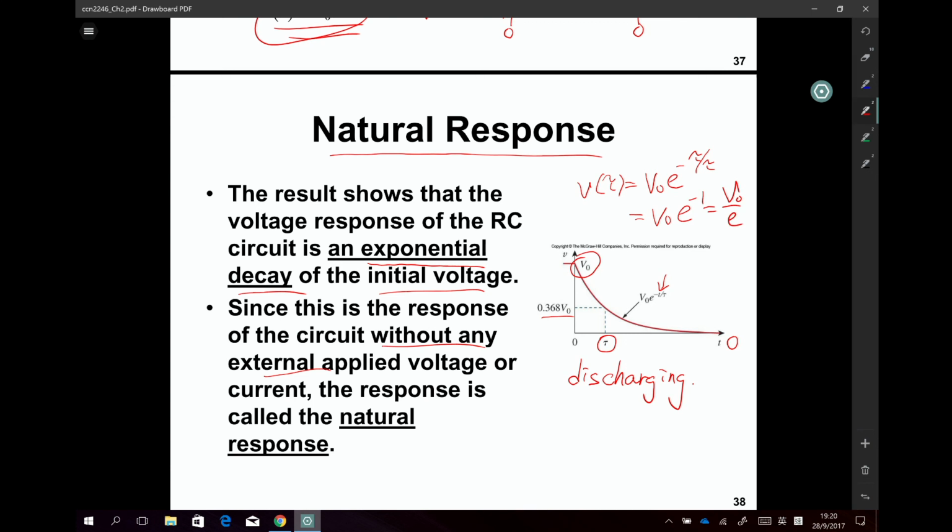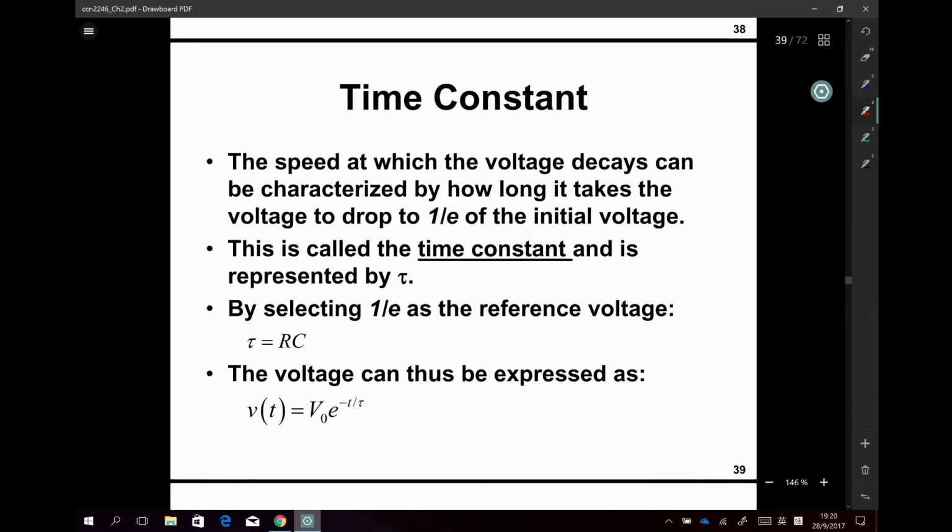Now, this is what we call the time constant, tau. Tau means the time it takes to reduce the initial voltage to 1 over e of the initial voltage.